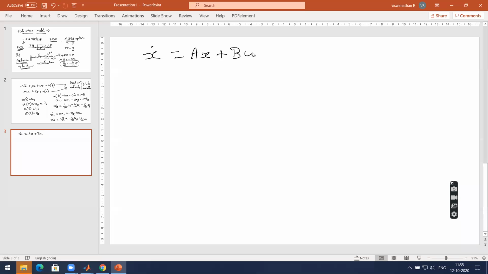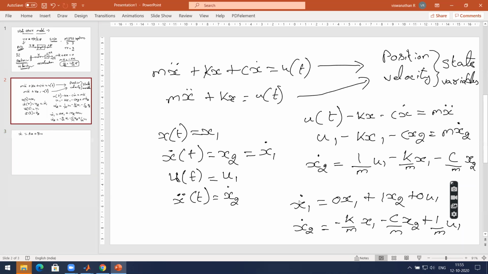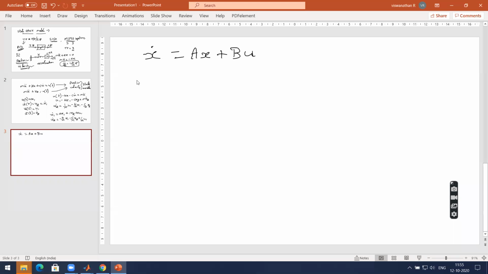I want to write the equation we wrote in this form. Now instead of x dot I have x1 dot and x2 dot, so that is a vector.